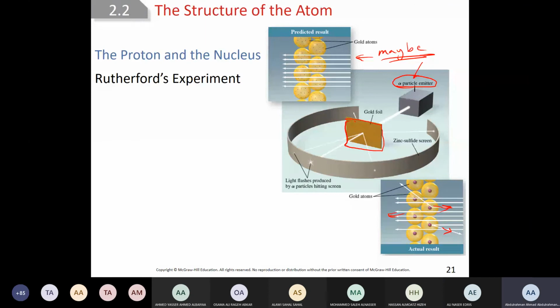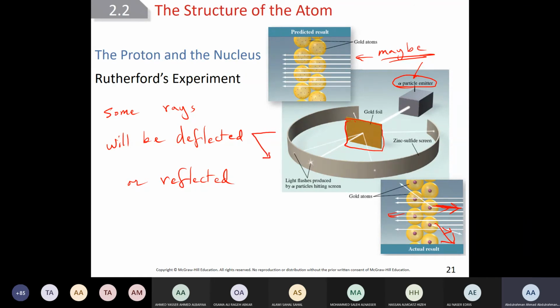That some rays will be deflected or reflected. Deflected means goes aside like this, and reflected means come back like this. Is this clear? So deflected is the ray comes like this and goes aside like this, and reflected means the ray comes like this and then returns like this.